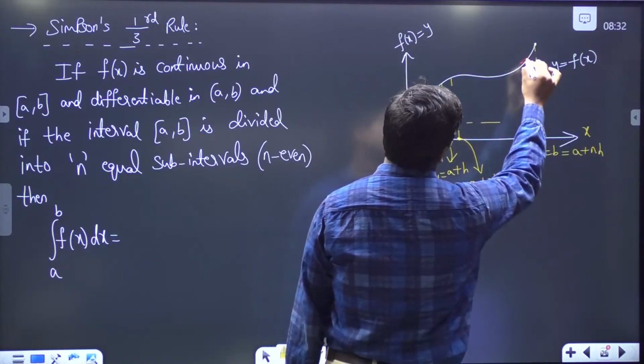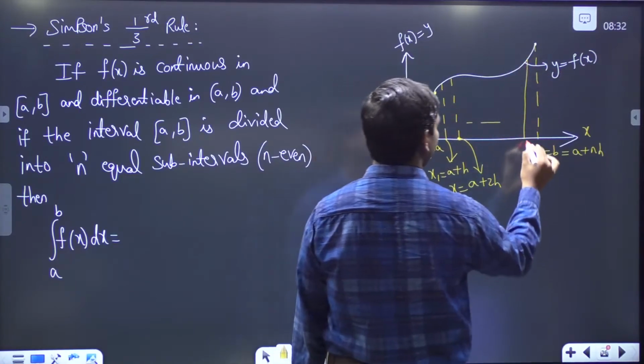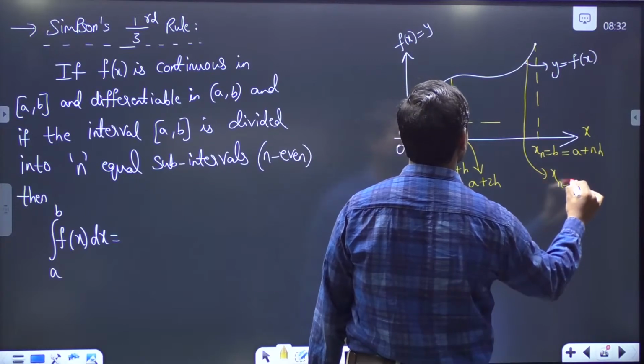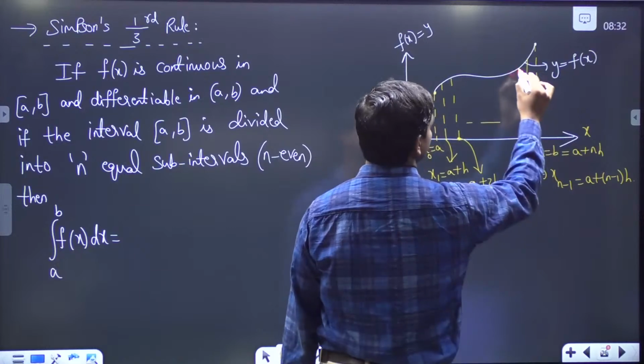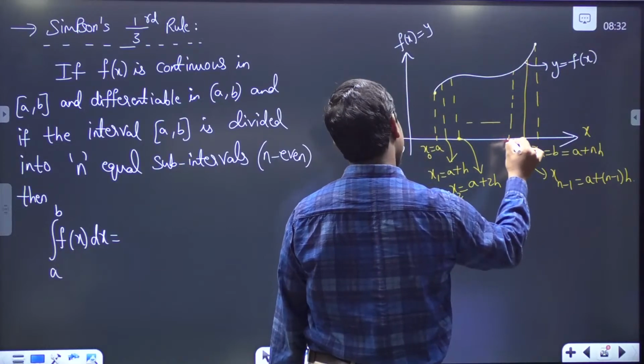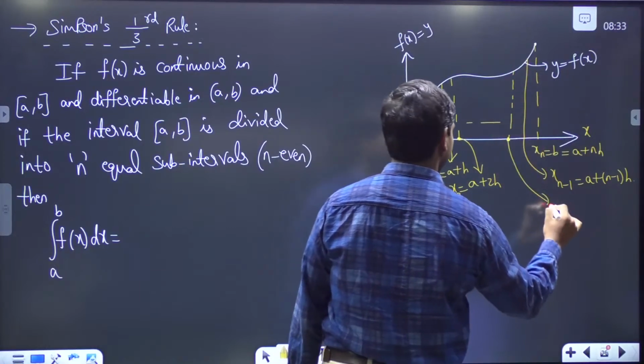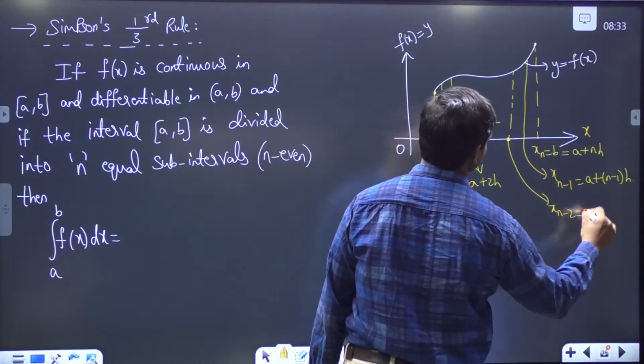Of course, finally you will have xn minus 1 equal to a plus (n minus 1) into h, and xn minus 2, which is a plus (n minus 2) into h.